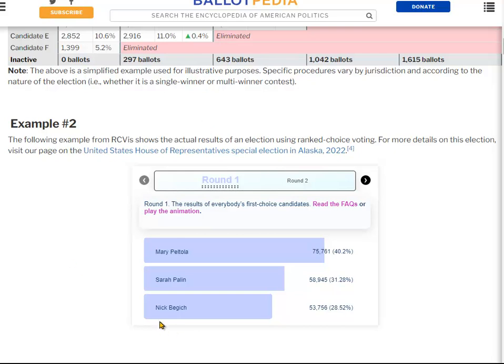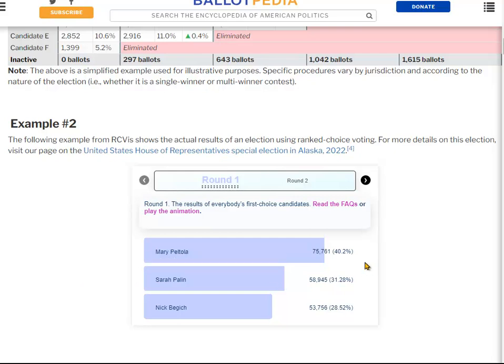There was actually a 4th candidate, Al Gross, but he dropped out, so there were only 3 candidates remaining. They just had to go first and second round, and that would be it. You just eliminate the last one, and then that will be done.